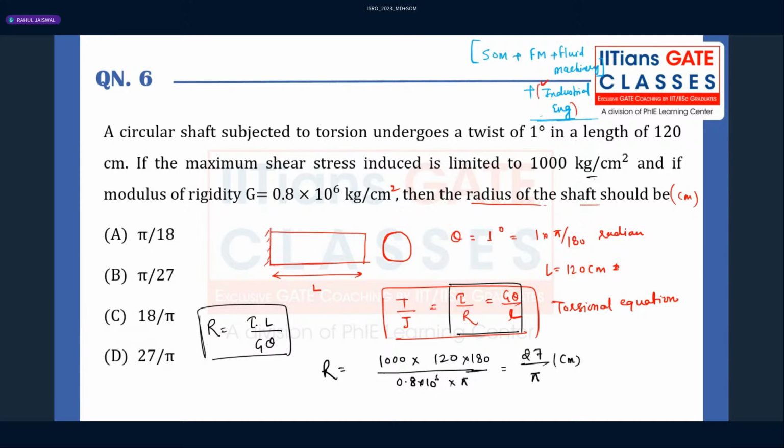Of course, in the examination I don't know the exact question, but based on the scenario as it looks right now, it is not very clear in which unit they are asking this value. So I'm assuming they are asking in centimeter, so option D should be correct.